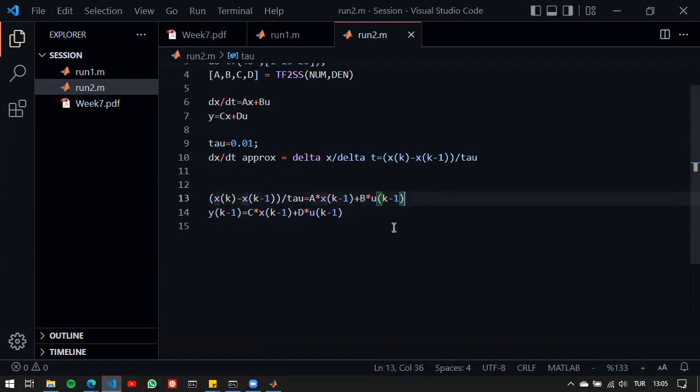But it needs still a little bit of work here. Now you can see we are dividing by tau. So let me just multiply with tau. That gives me this here. And you can see that we have x at k minus 1. Here's also a x at k minus 1. So let me just rearrange stuff here.